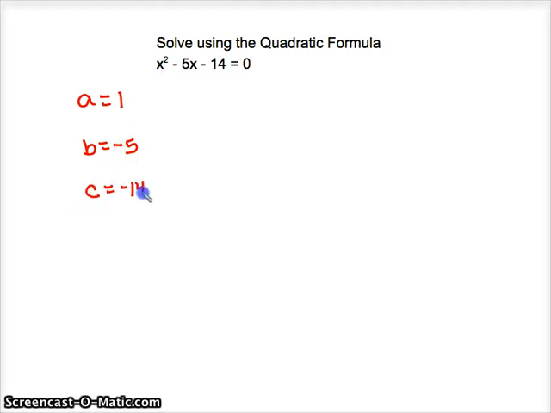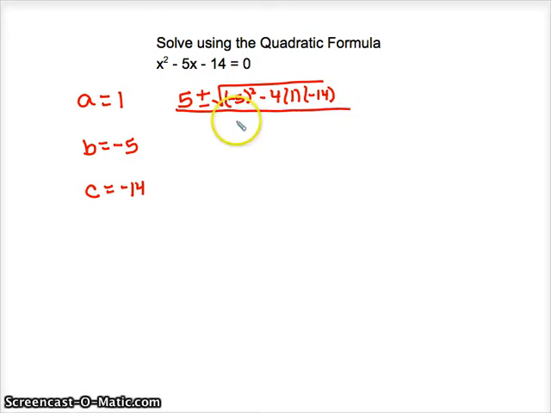as negative 14. When you plugged in, since b was already negative, I simply have 5 plus or minus the square root of negative 5 squared minus 4 times 1 times negative 14 all over 2 times 1.